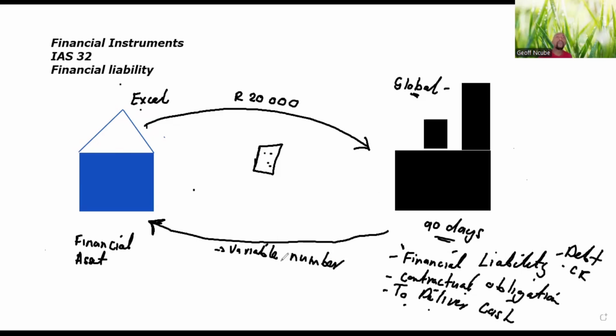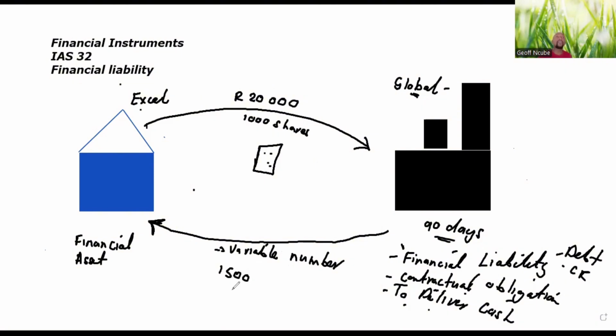It's going to vary because maybe initially when you got that 20,000, the number of shares that were equal to 20,000 was maybe 1,000 shares. But now later on, when you want to repay this, the number of shares that you need to pay back is maybe 1.5.